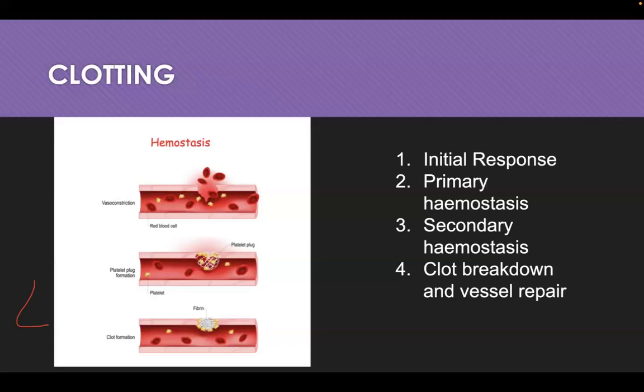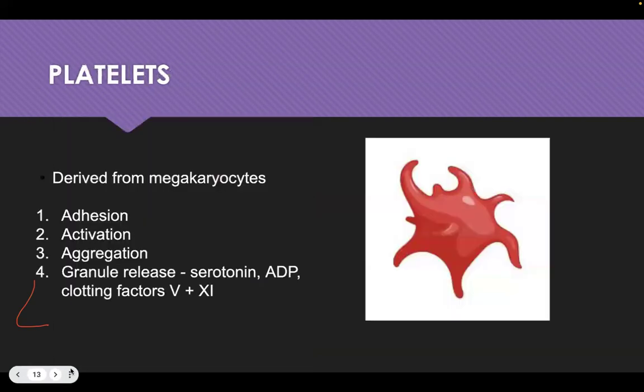So we will have clot breakdown and vessel repair. So once healing begins, the clot is gradually degraded by fibrinolysis so that normal blood flow can be restored without excessive clotting. And so this is the cycle that happens every time we have some form of vascular injury.